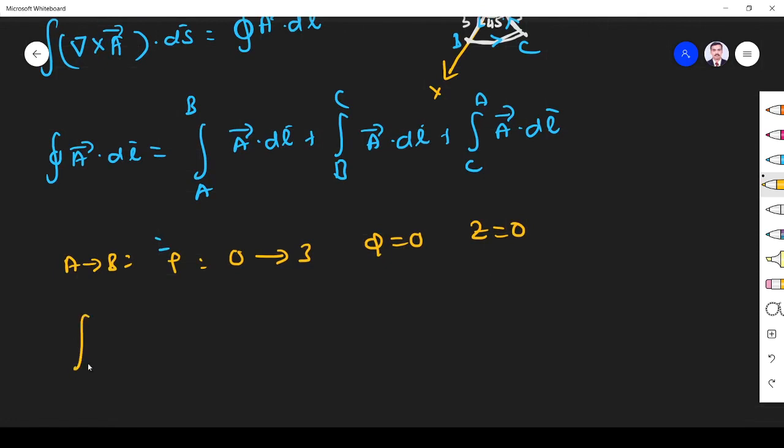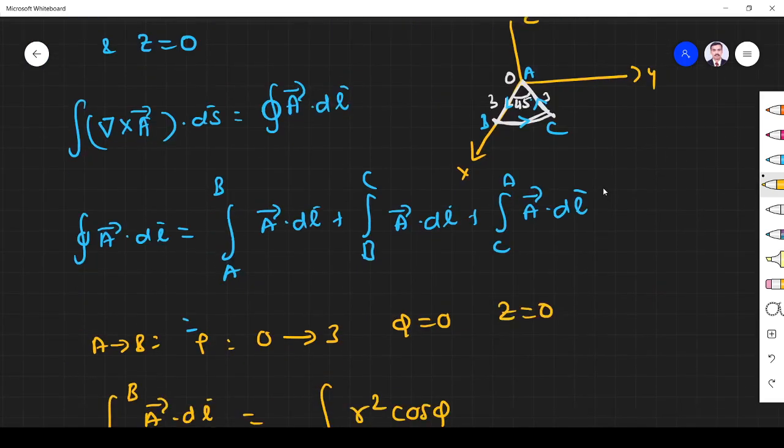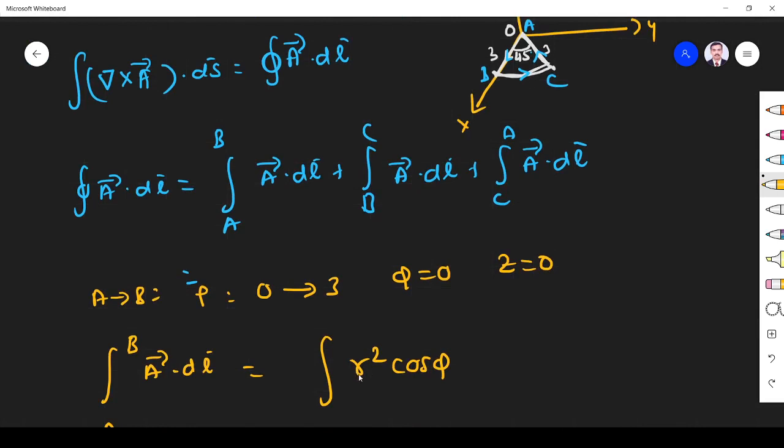Now I find the integral from a to b of A dot dl. A is given in the problem as rho squared cos phi a rho plus z sin phi a z.